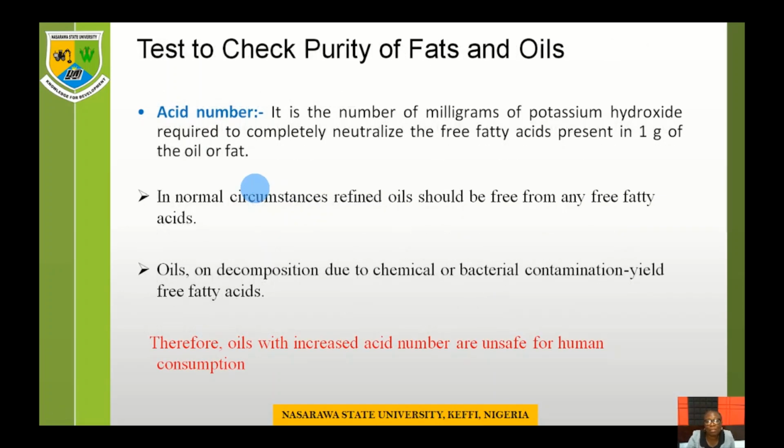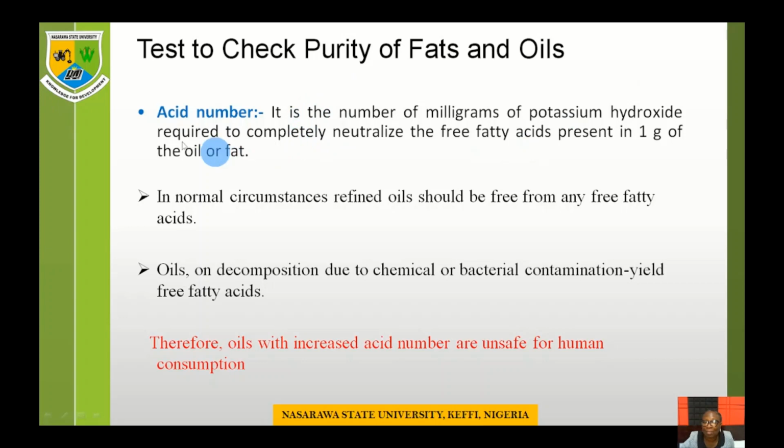Now let's look at tests to check the purity of fats and oil. Number one is what we call acid number. Acid number is the number of milligrams of potassium hydroxide that is required to completely neutralize the free fatty acid that is present in 1 gram of the fat or oil.